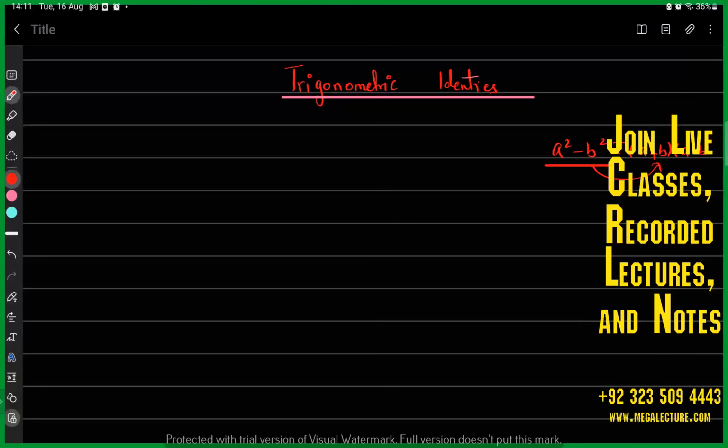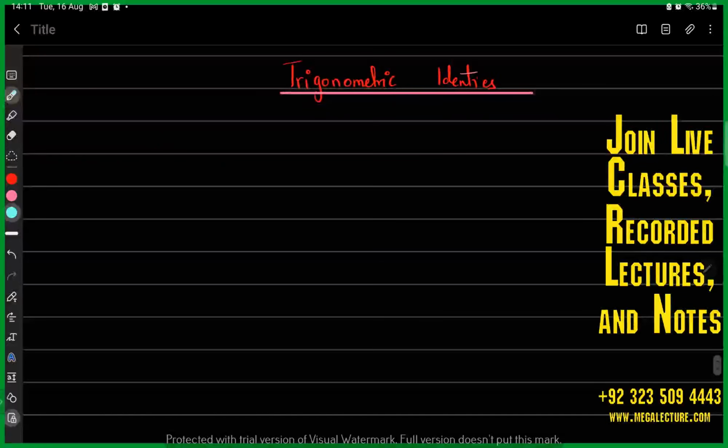Okay, all right, so let's talk about some helping identities first that you guys need to remember. Okay, the first one is basically sine square theta plus cos square theta is equal to 1. Okay, this is the first one.